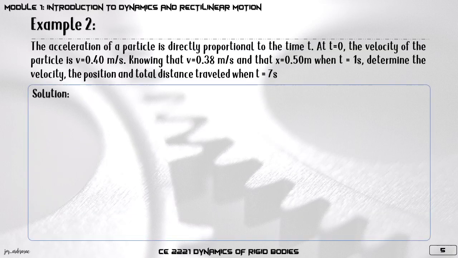So for our solution, we have identified the equation of acceleration as a function of time, and we also know that acceleration is the derivative of the velocity with respect to time. So we now have dv = a dt.